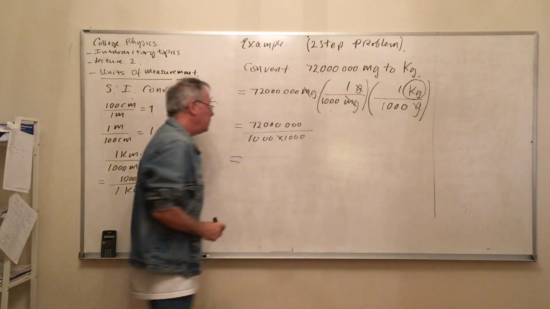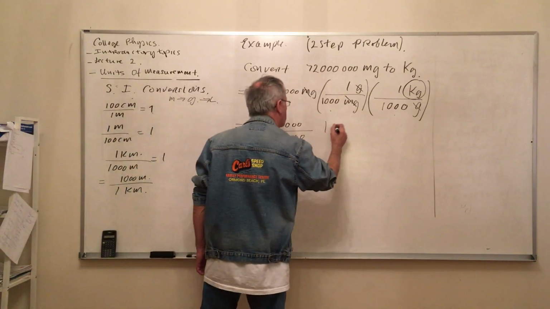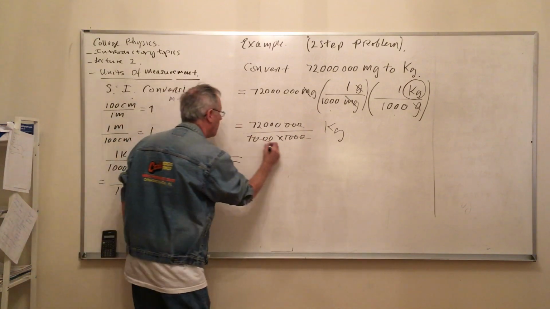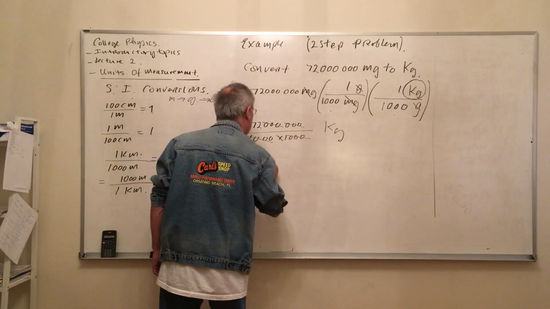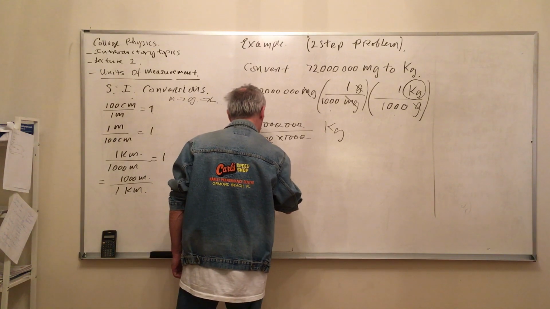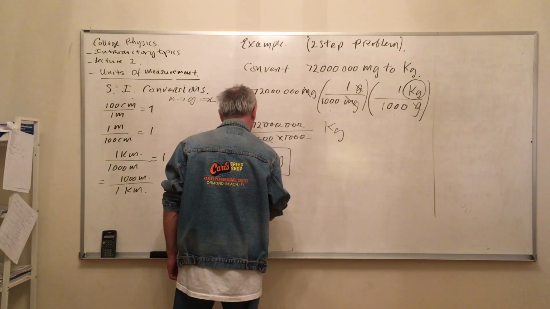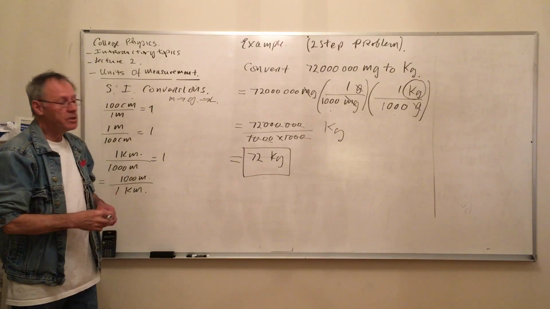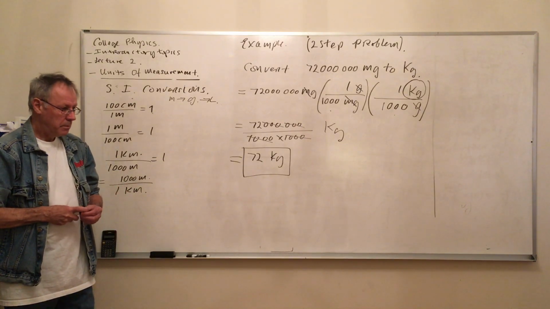Now we cancel out. Kilograms are the units that are left. 1,000 cancels out, and 1,000 cancels out. And we get 72 kilograms. That's enough examples for now. There are more to come.